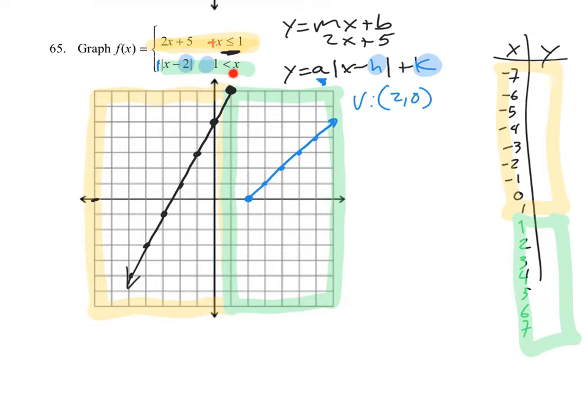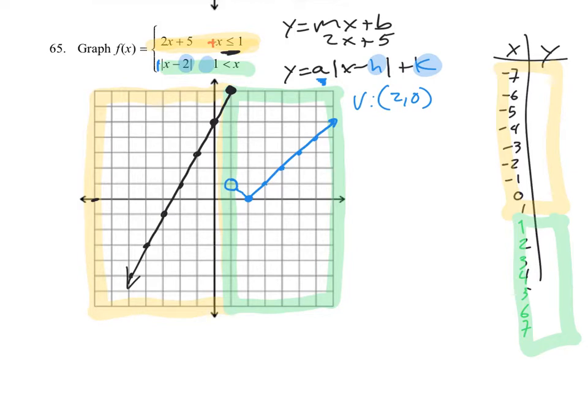When x is greater than 1, this function can only be when x is greater than 1. So it can't go past this line right here. And it's actually not equal to 1, so it stops right there. Here it was equal, so we could do a solid dot, but here it's not equal. So that's when I do an open circle and then connect it. And that's what that function would look like.